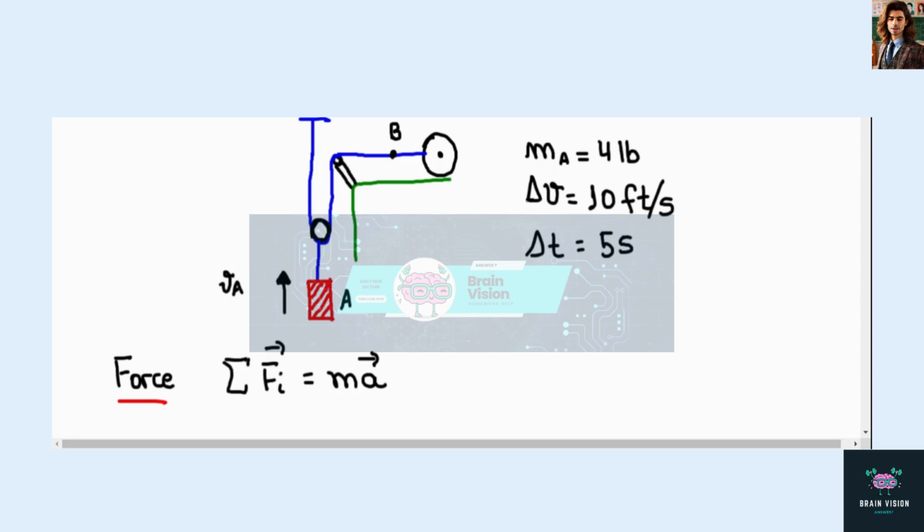Given this information, our goal is to find what is the tension T of the rope at point B.